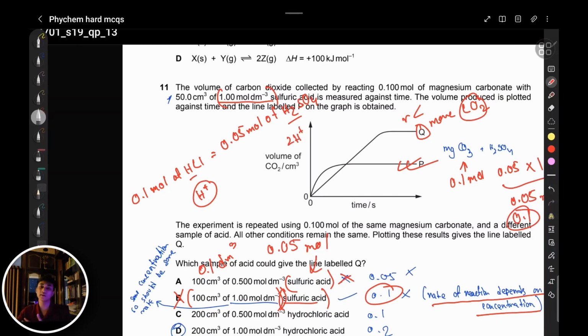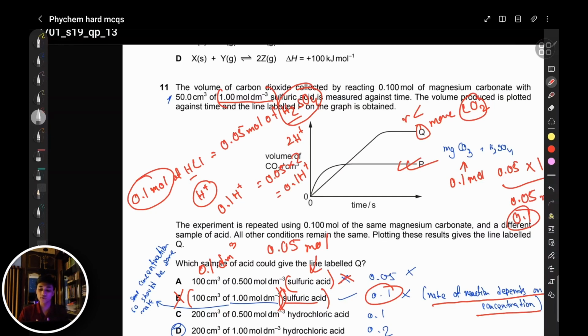Since this is more acidic and giving you 2 moles of H plus ion, even if HCl has double the moles, H2SO4 is giving you double the number of H plus ions. So at the end of the day, you have 0.1 mole of H plus on this side and 0.05 times 2 giving you 0.1 moles of H plus as well.